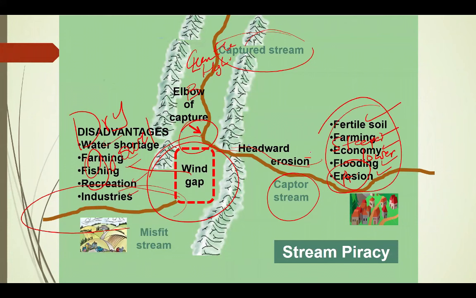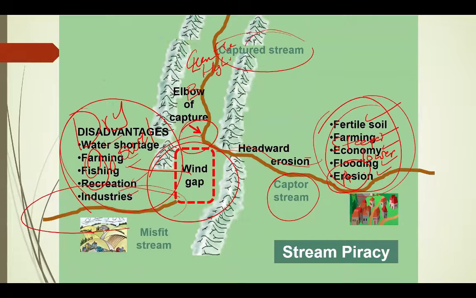But sometimes the examiners don't want to know about the impacts to the people living downstream at the misfit or at the captor stream. Sometimes the examiner will ask you to give the impacts of this process on the rivers themselves. What is the impact of river capture? What is the physical impact?